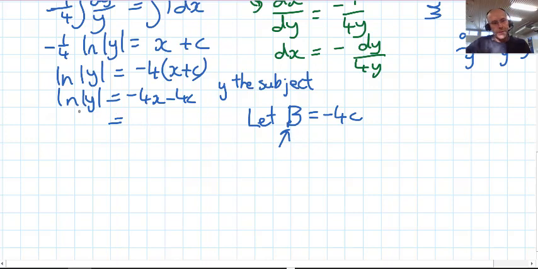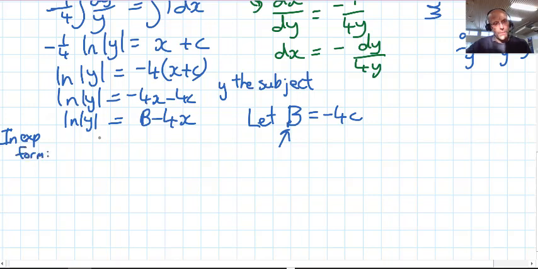And that means that log y is B, take 4x, because I've said negative 4c is B, right? Now I'm going to write both sides in exponential form using what you know about logarithms.